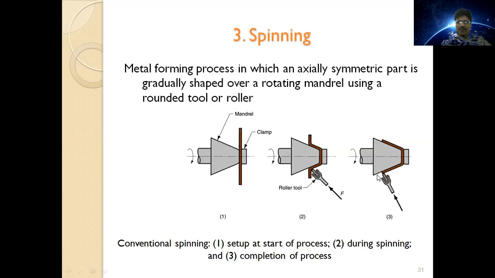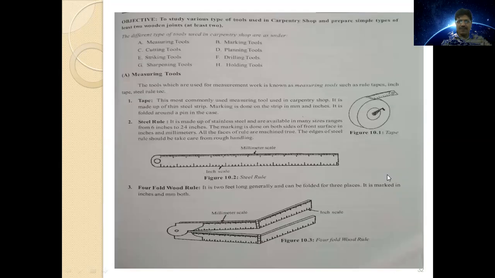This will ultimately give a hollow cylindrical or spherical shape, like a tawa, to the sheet. So this is called the spinning process.